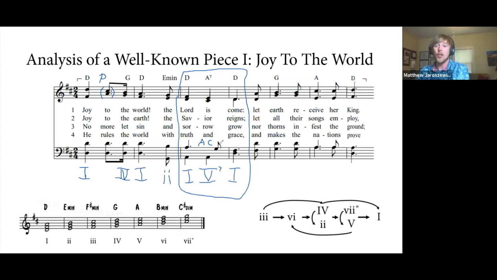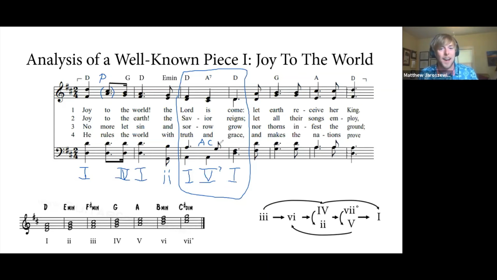It's nicer to sing "joy to the world" smoothly than it would be to jump around the notes. It's much nicer to just make it a smooth line. So if you can't analyze it as a chord, think about what else it could possibly be.